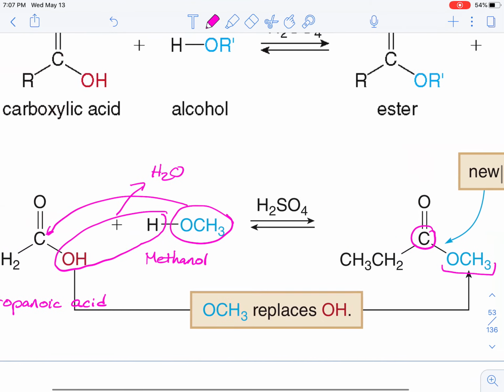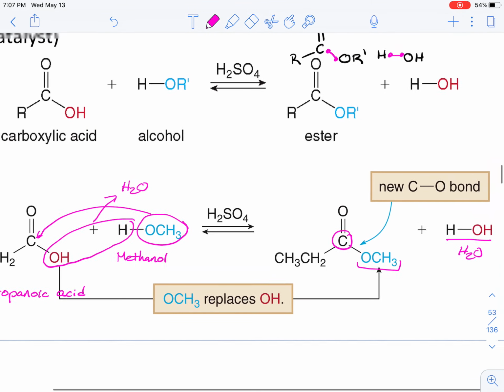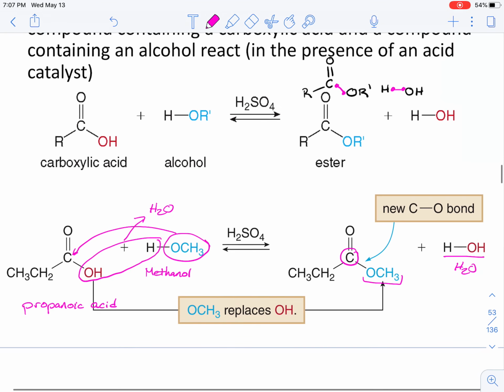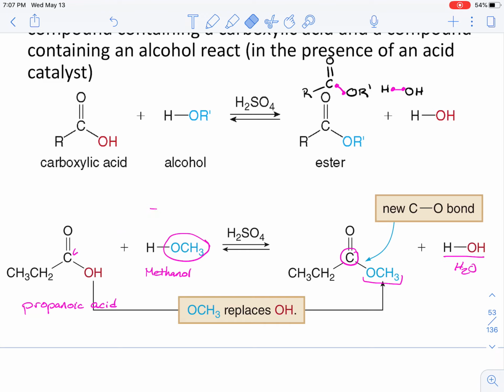And so in short, without going through the exact mechanism of this chemical reaction, we can just go ahead and imagine that the OCH3 will replace the OH, and that OH just gets converted into a water molecule.